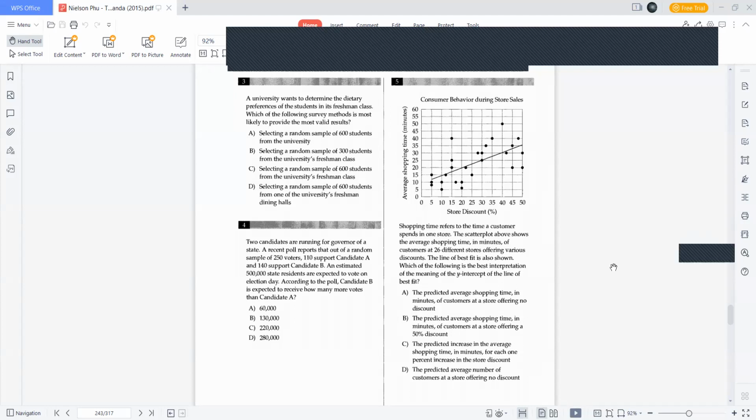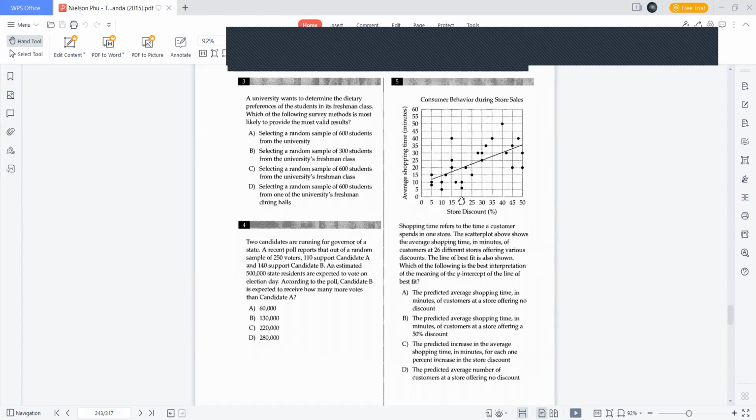Okay, so yes, the answer is indeed A. At the y-intercept, which is down here, the discount will be 0, and we will have an average time of looking like 7.5, something like that.